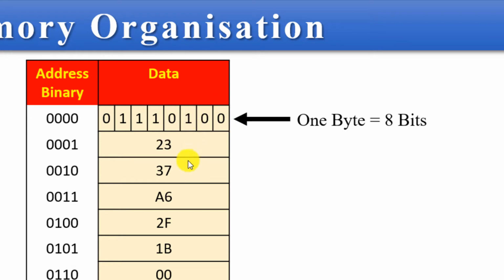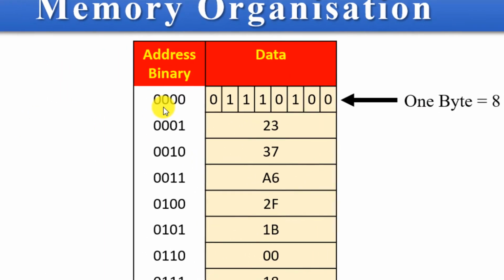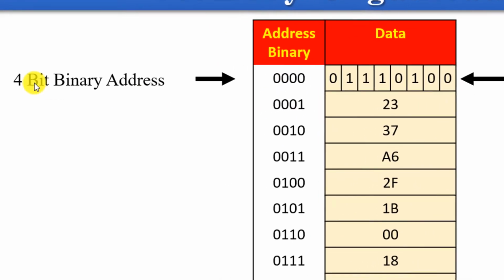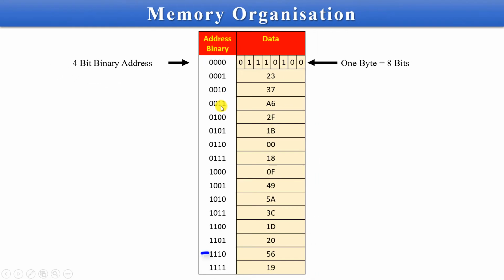This is the second byte, this is the third byte, and so on, and to every byte we can associate a unique address. So a 4-bit binary address is given to that particular byte. This is byte number 0, this is byte number 1, byte number 2 is 2 in binary, 3, 4 and so on up to 15.